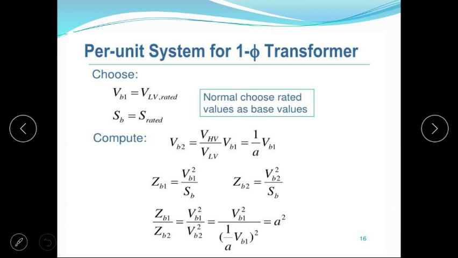So Z base 1 is equal to V base 1 square upon S base, Z base 2 is equal to V base 2 square upon S base. So Z base 1 upon Z base 2 is equal to V base 1 square upon V base 2 square, that can be written as A square.